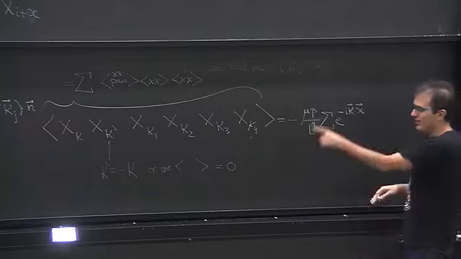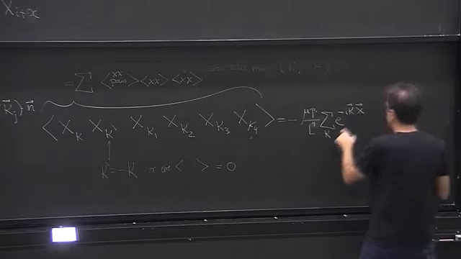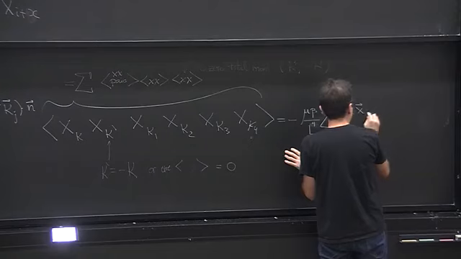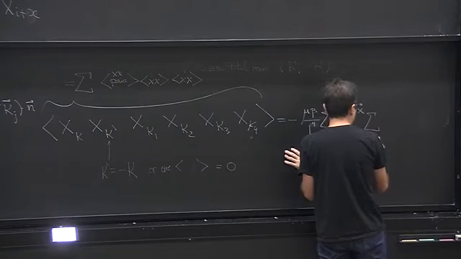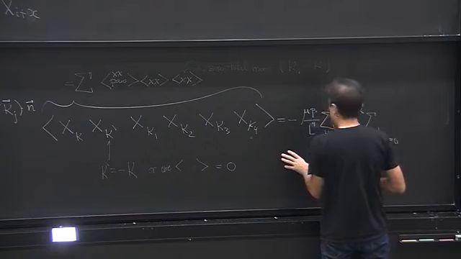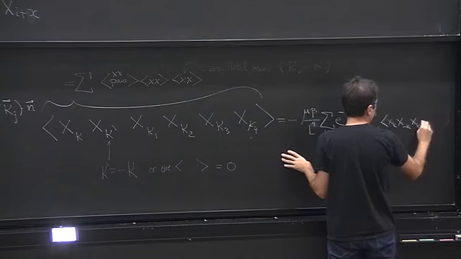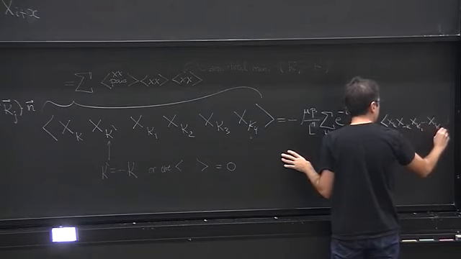It was just there for one intermediate step. And now only the separation appears, which is good. And then we sum over all momenta such that k1 plus dot dot dot plus k4 equals 0. They add up to 0. Expectation value of x_k, x_minus k, x_k1 dot dot dot x_k4.